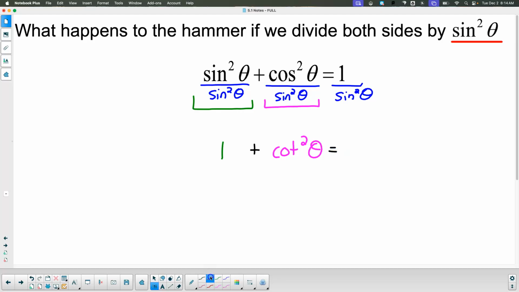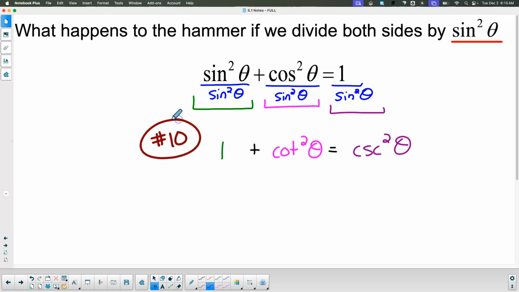Let's look at 1 divided by sine squared. Cosecant squared. Which, if I'm not mistaken, is identity number 10 on your identity sheet.